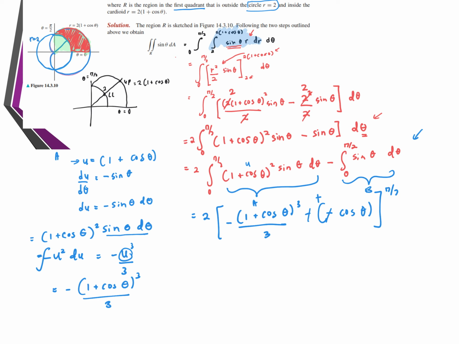So this one has limit pi over 2, 0. And then we substitute our limit inside theta. We will get 2 times negative 1 over 3 minus negative 5 over 3. So the value is 8 over 3.